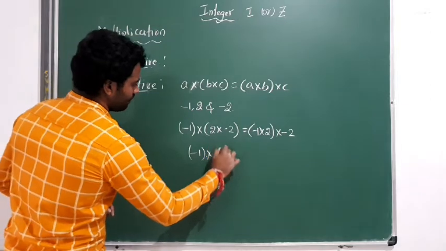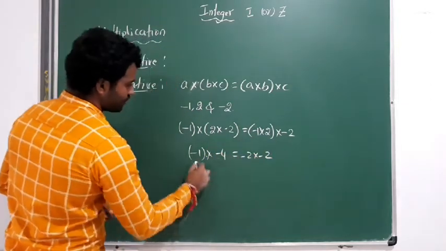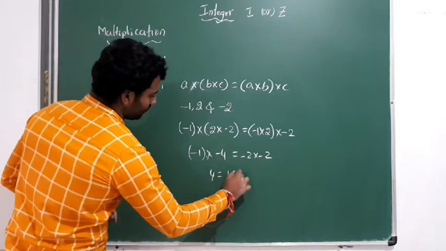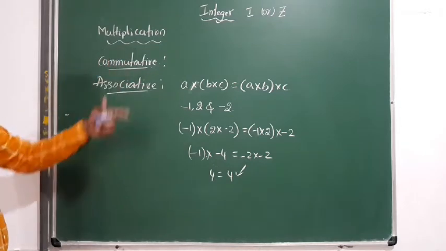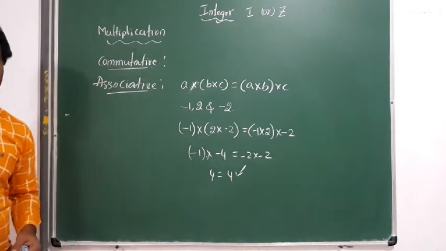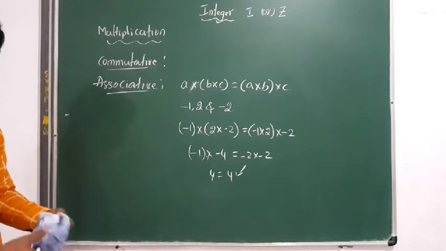So -1 into -4 is equal to -2 into -2. Minus into minus is plus, 4 equals 4. It is satisfied. So associative property is satisfied under multiplication.